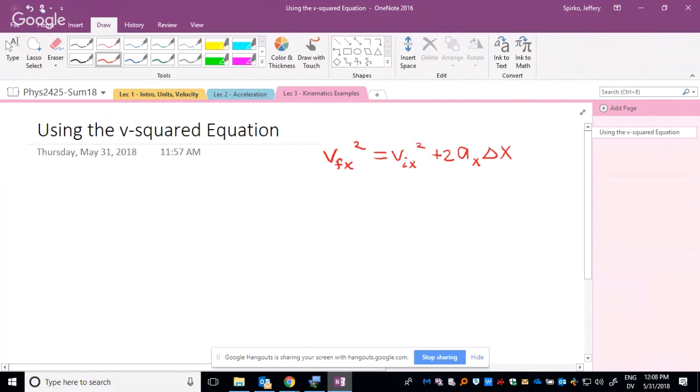All right, sorry for that delay. So here is the v-squared equation. And I think that this is an underappreciated, underutilized equation in kinematics analysis.